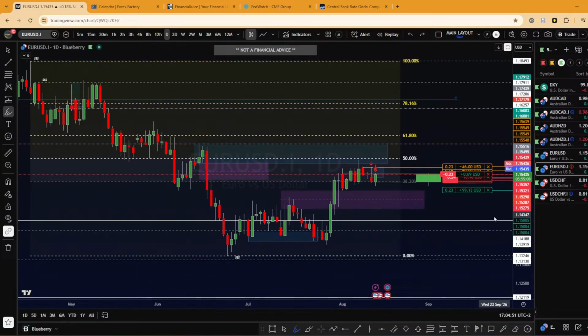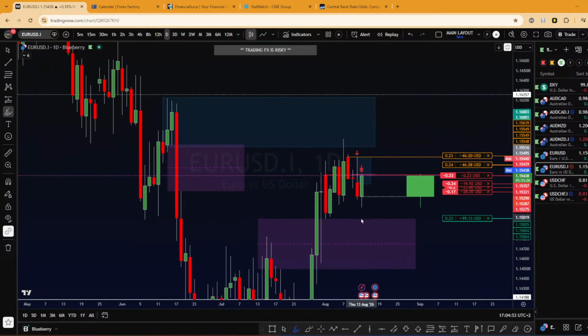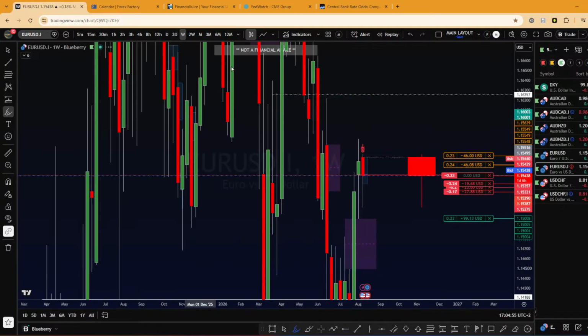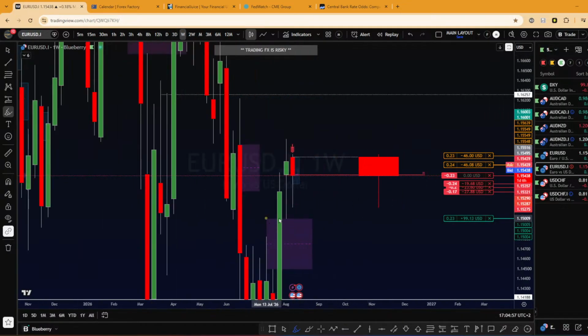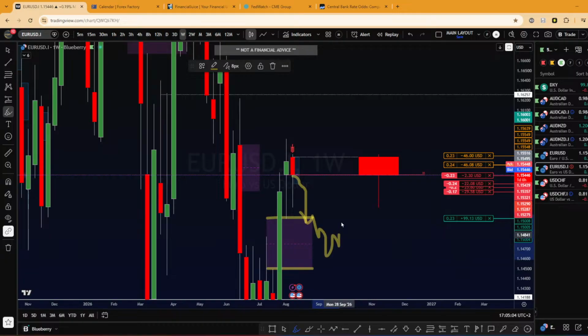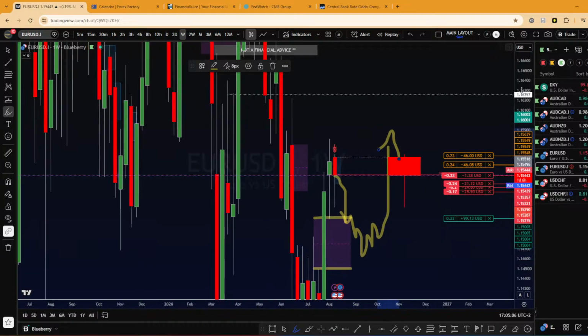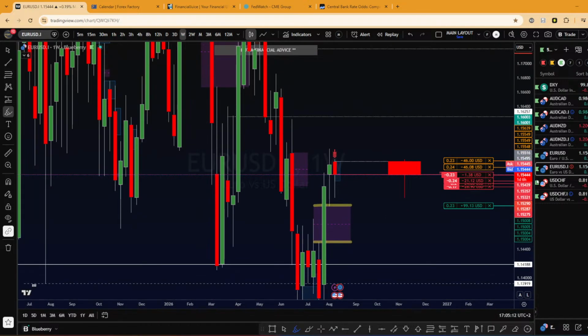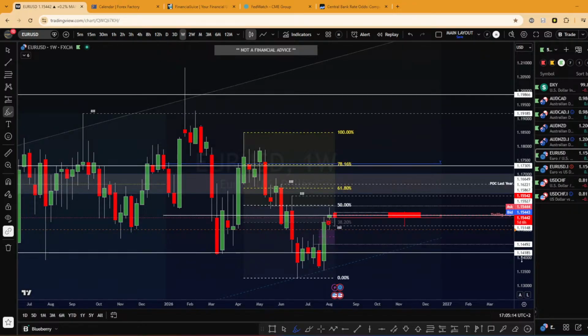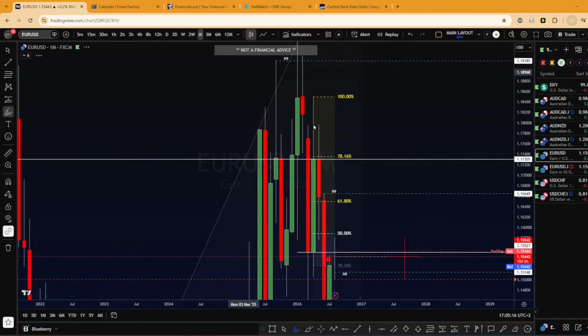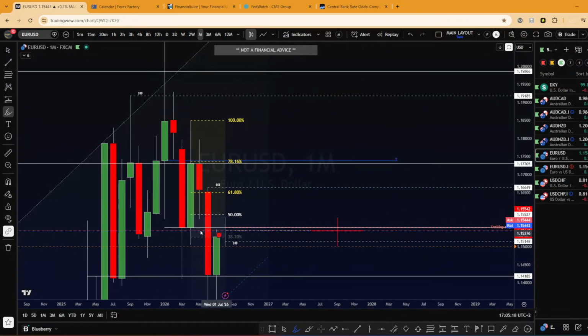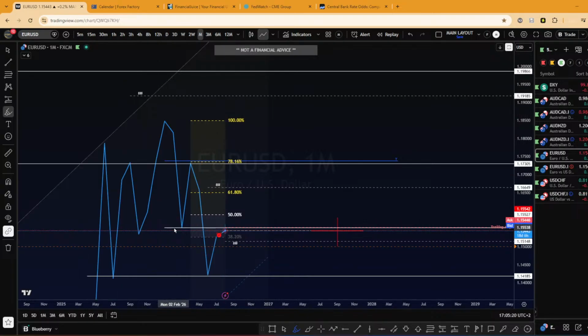That's why it makes me nervous, because at the same time, if we go to the weekly time frame, we have some imbalance right there where price could potentially fill somewhere here before pushing again to the upside. And if I go on monthly time frame, we have some level here.